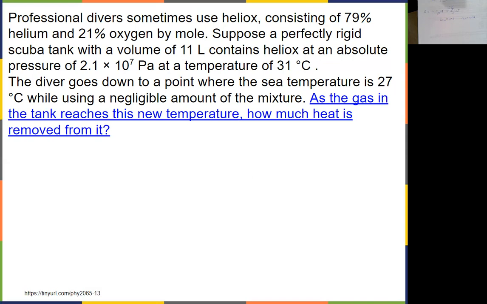Let me give you a couple of minutes to work on this and then we can take a look at the solution together.